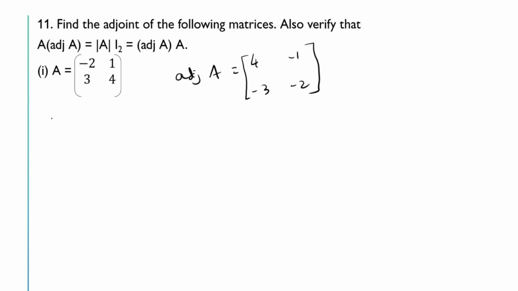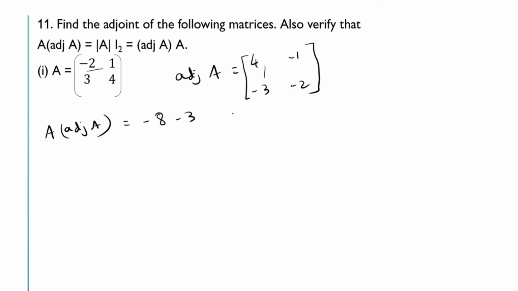So here we have A into adjoint of A equal to, so we have to multiply the elements in the first row of A and first column of adjoint of A. So it is minus 8 minus 3.